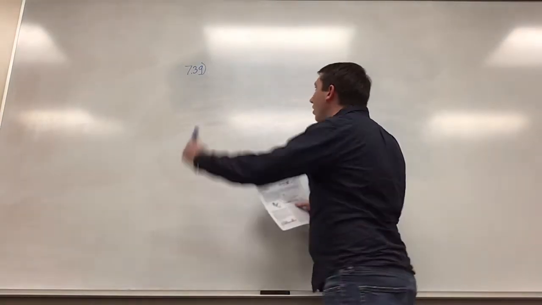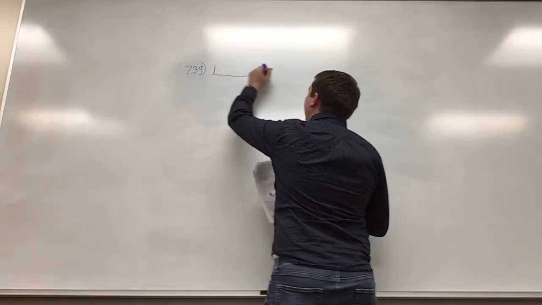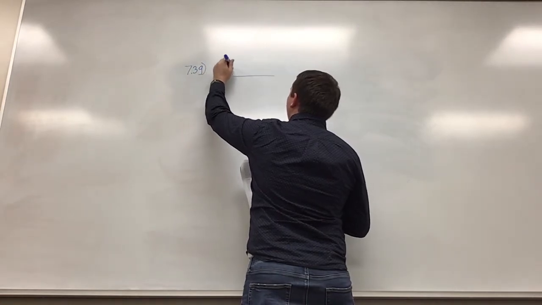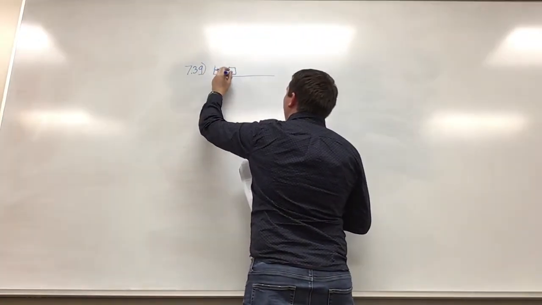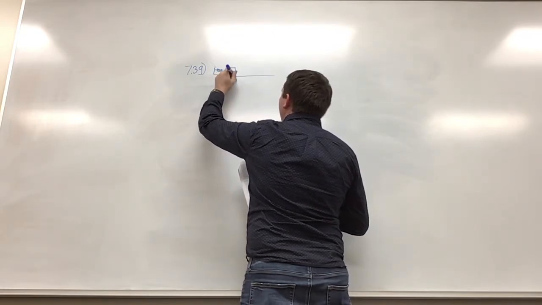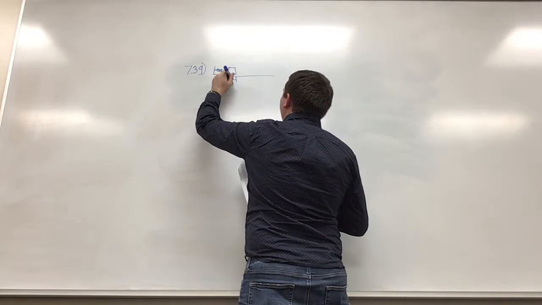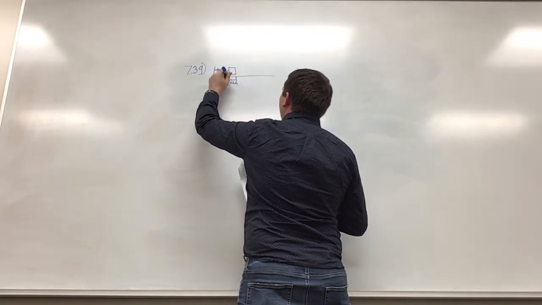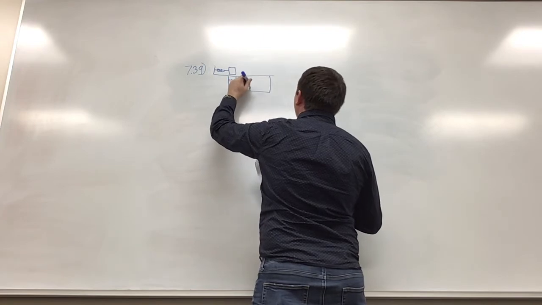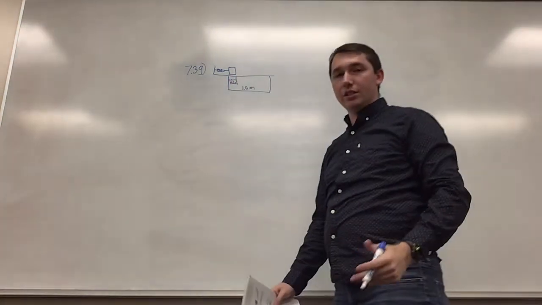So, we've got a tabletop with a spring attached to a block that gets compressed from equilibrium a distance of 0.2 meters. The block then travels a distance of 1 meter once it's released.